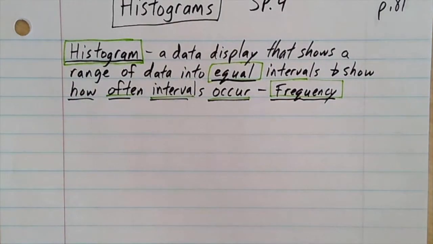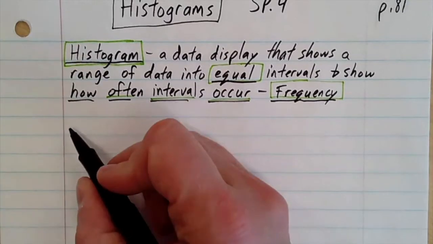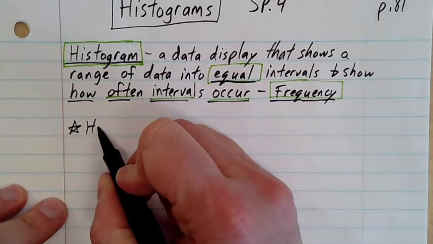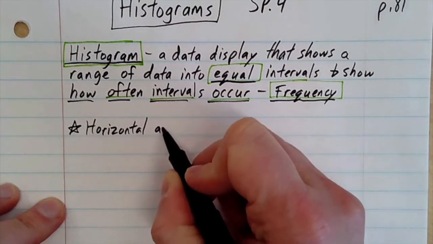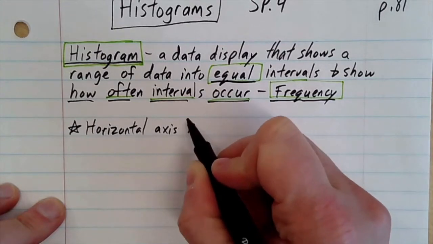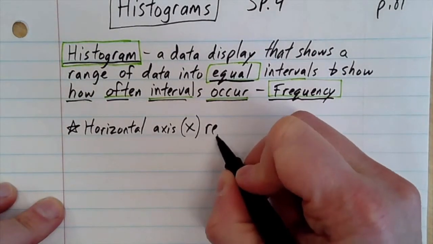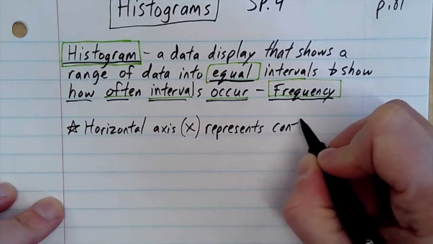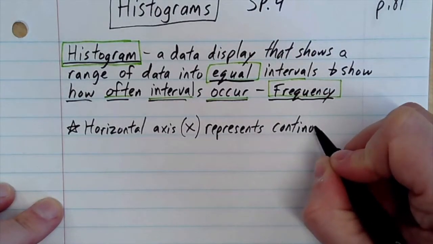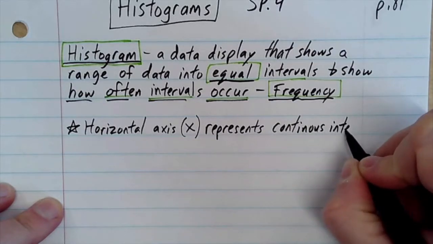So on your histogram, your horizontal axis is your x, which represents your continuous intervals. So put a star here. Your horizontal axis, which is x, represents the continuous intervals.